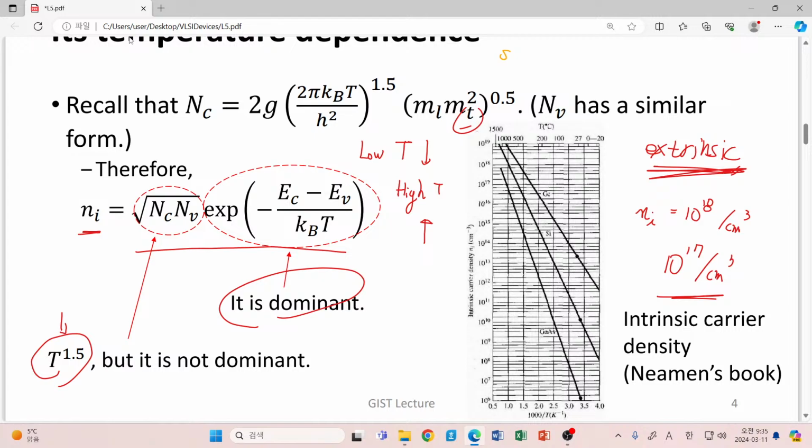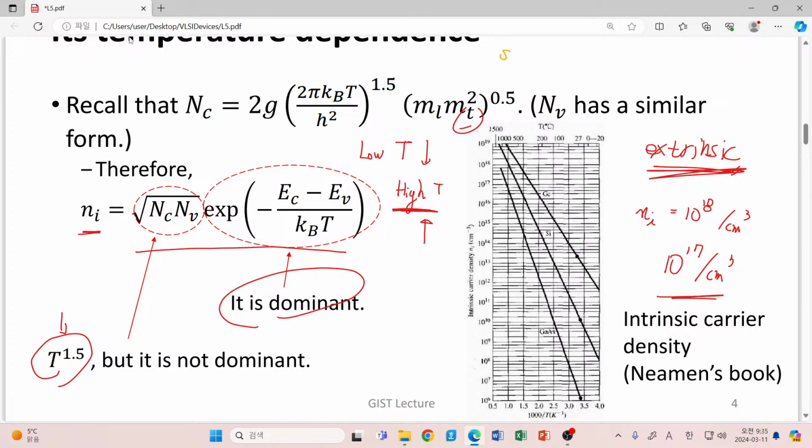So now let's come back once again. When you go to higher temperature, Ni increases exponentially. So when you do a high temperature process, even though we have a certain dopant in it, in many cases it can be regarded as just an intrinsic material.